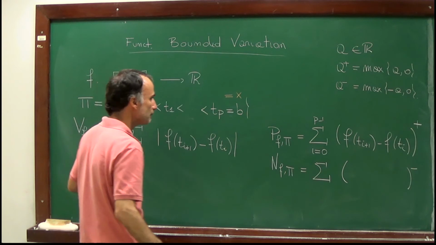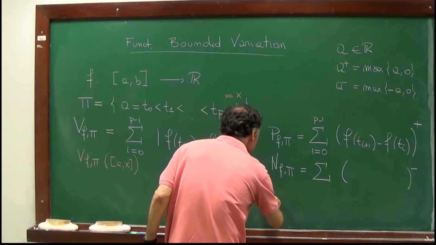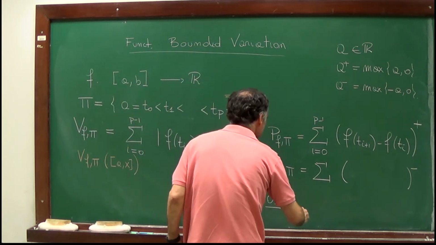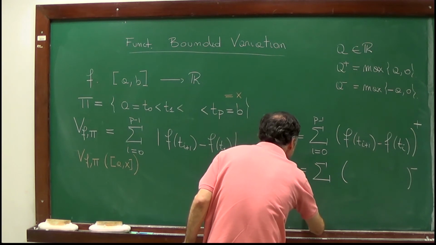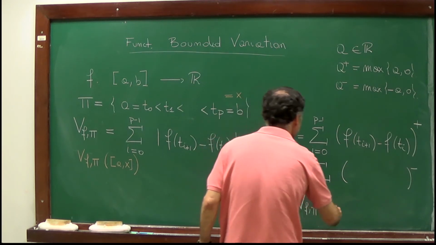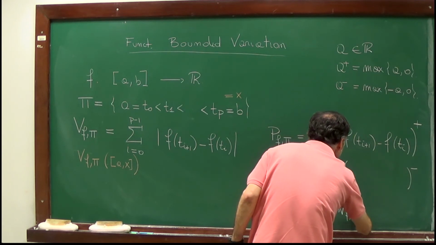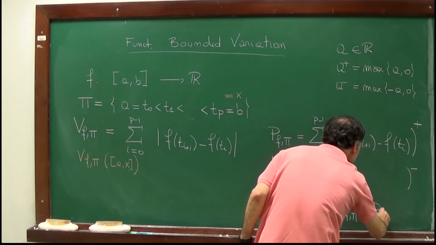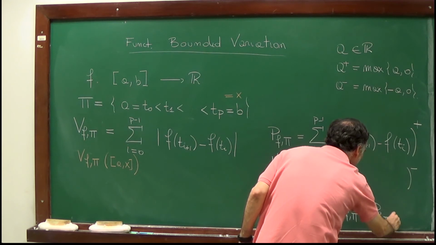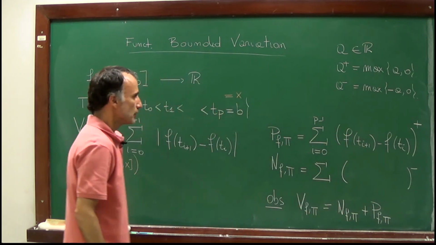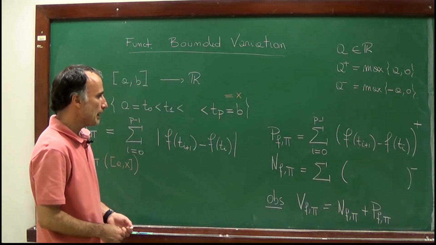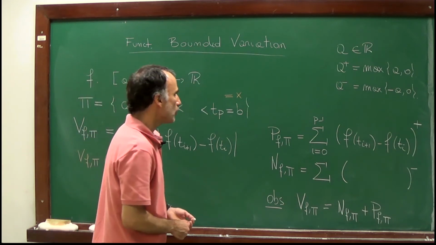So observation: V_f(pi) is equal to N_f(pi) plus P_f(pi).